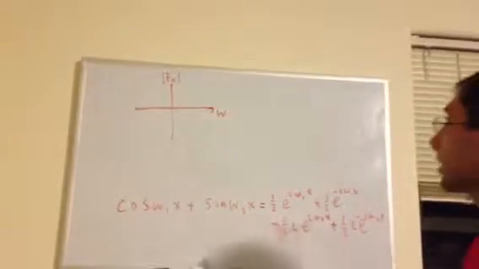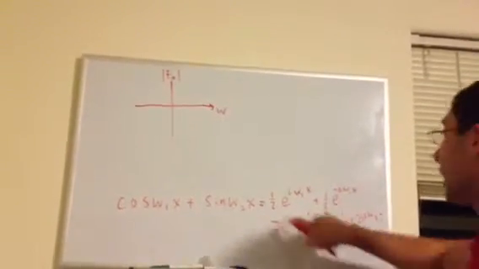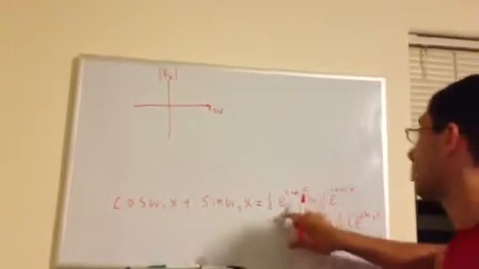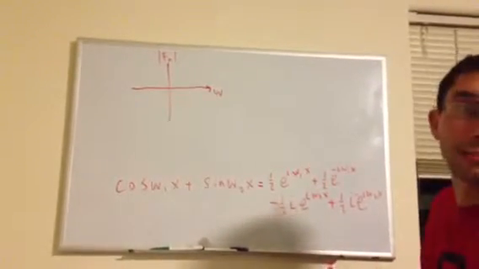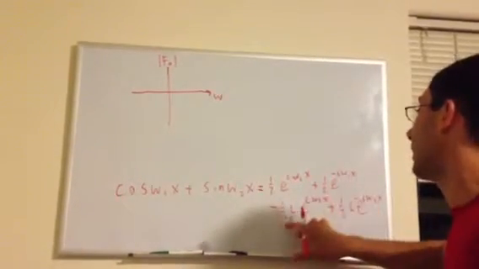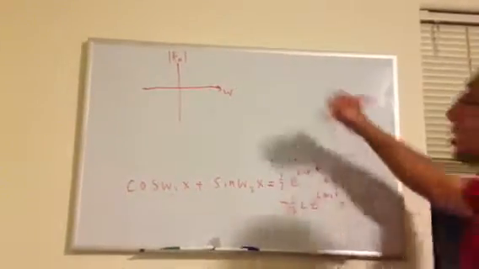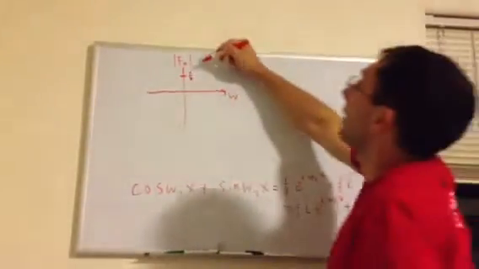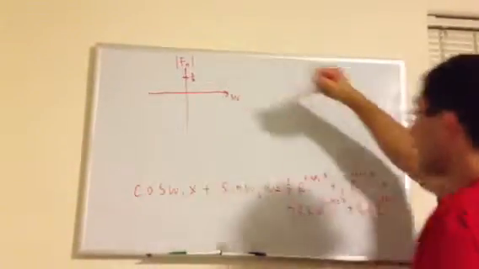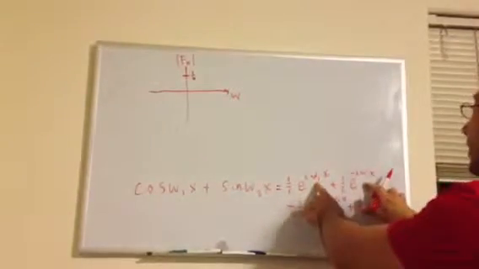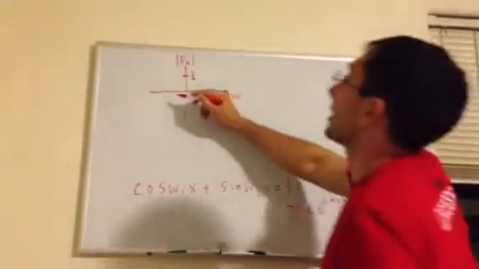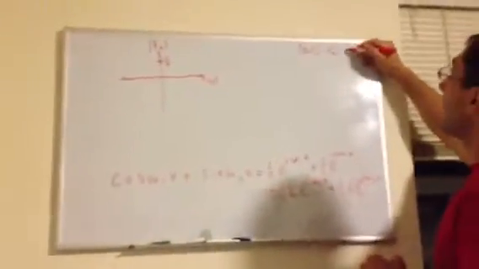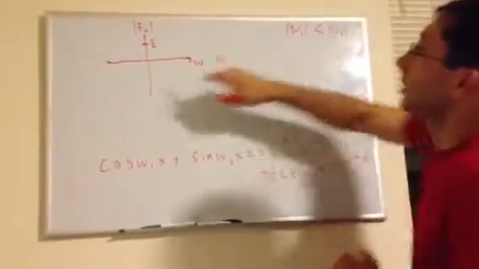So what do we have here? Well, we know for all of them the magnitude is going to be 1/2, because that's what the exponential is being multiplied by, the real part of it. Since it's magnitude, it has to be positive. Our first two are at omega 1, and let's say the absolute value of omega 1 is less than omega 2, so it's going to be closer to the axis.